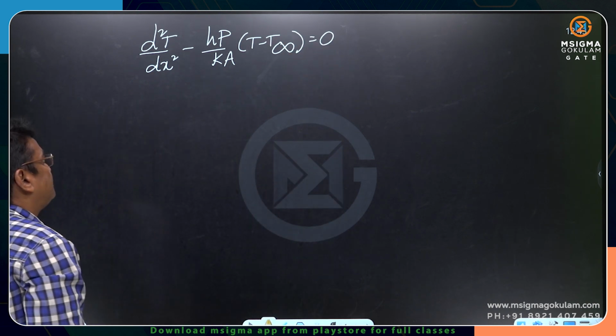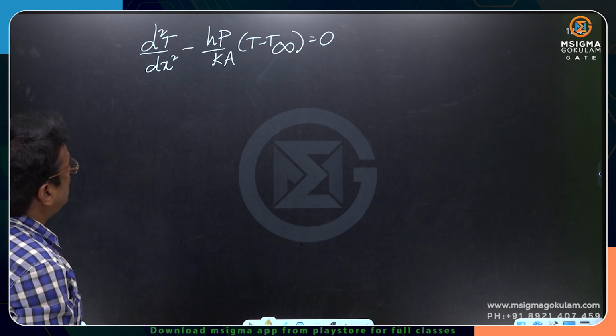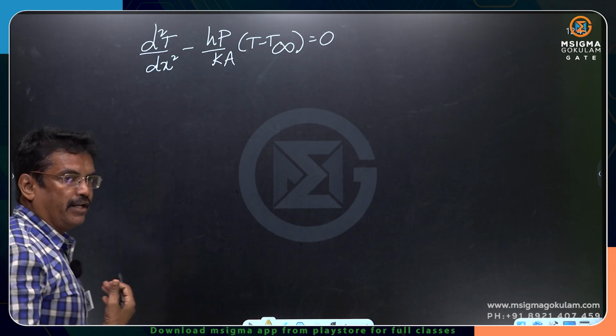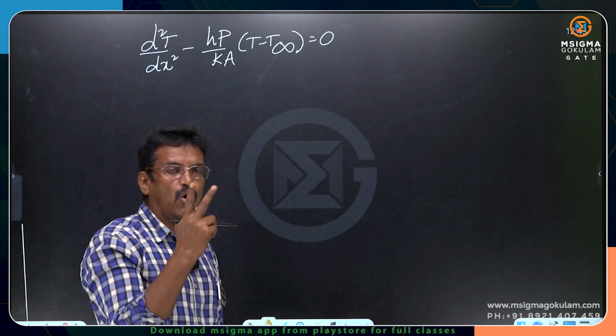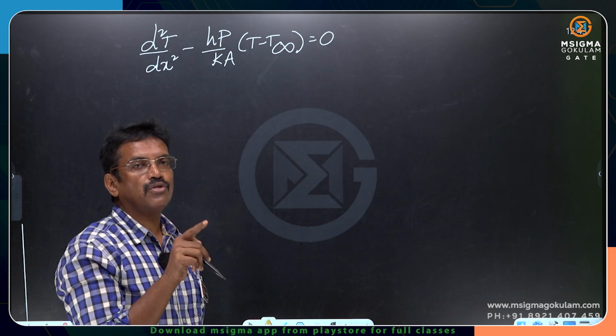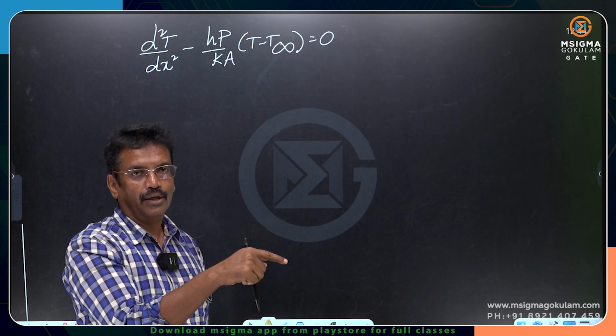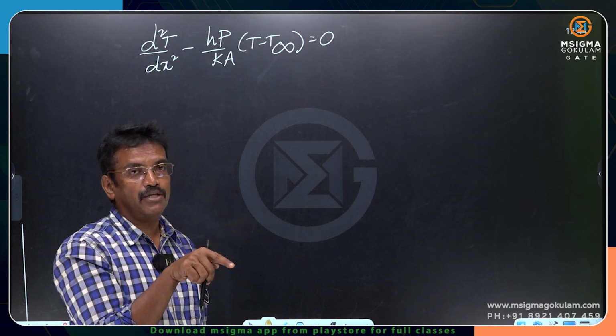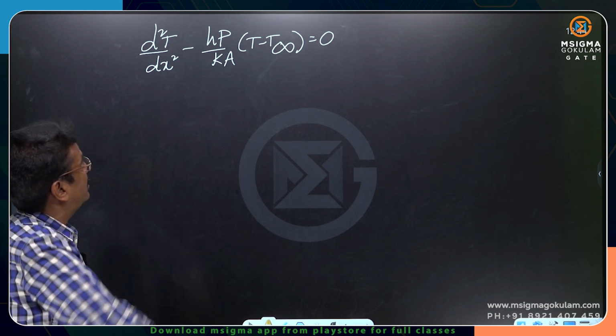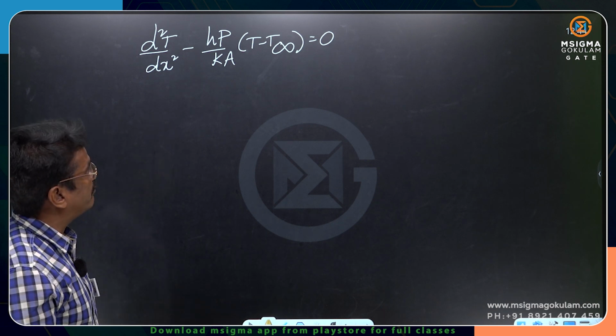Okay. Now my objective of the analysis, I already mentioned, there are two objectives in the analysis. First objective is to get the temperature distribution along the length of the fin. So to get the temperature distribution, we have to integrate this second order differential equation.